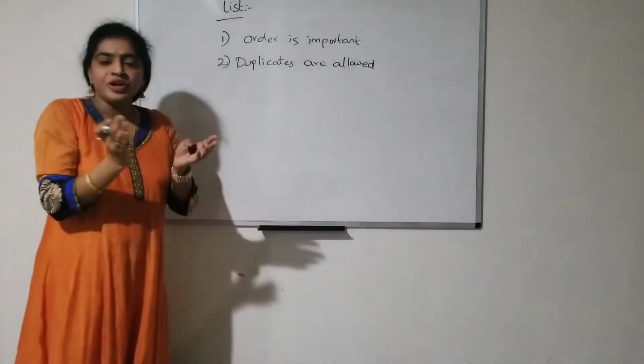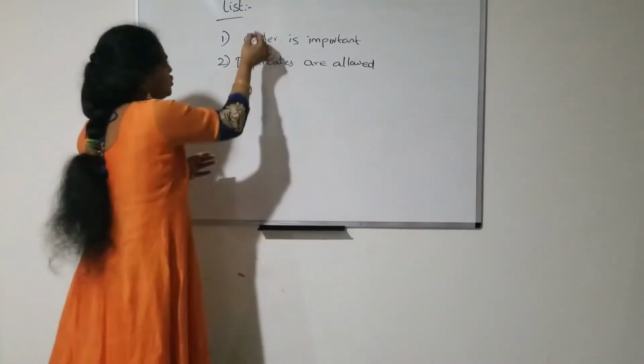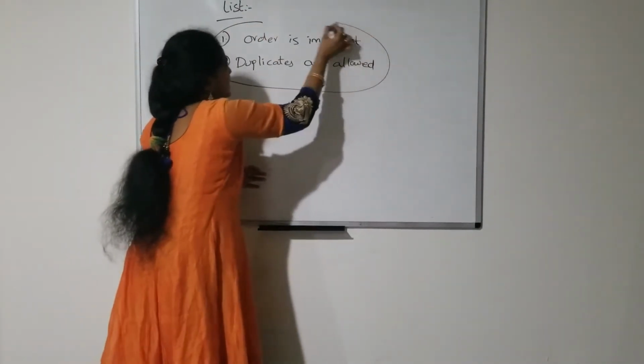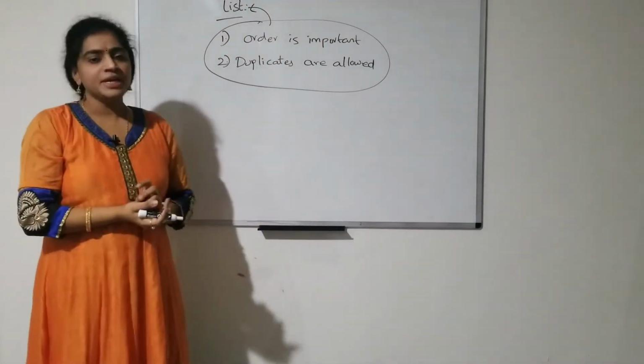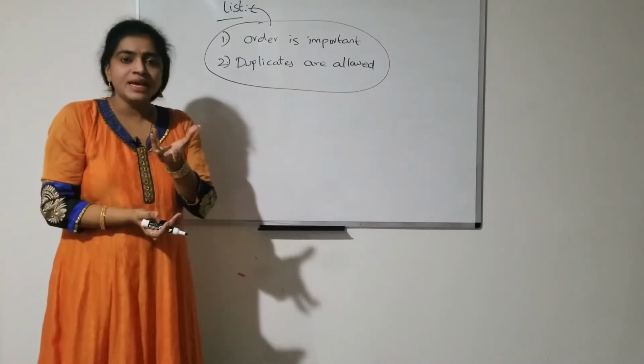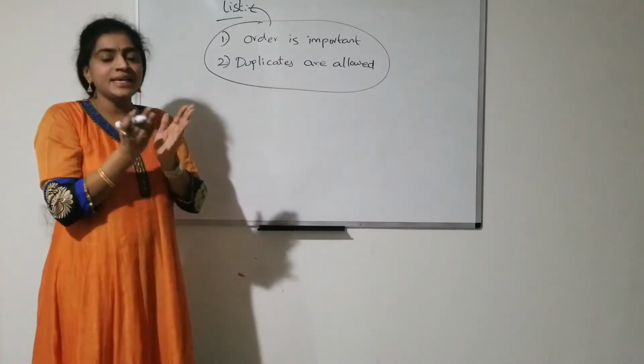If a group of elements holds these two properties, then we will call it a list.